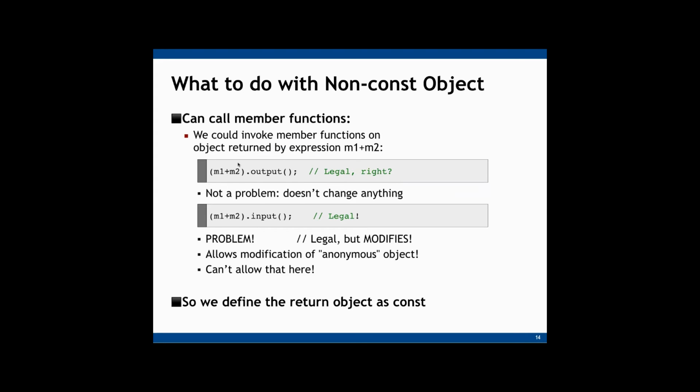So this expression will result in new objects, which is a money class type. By using the dot operator, we can call the member function of the money class, like this example. So this is legal.